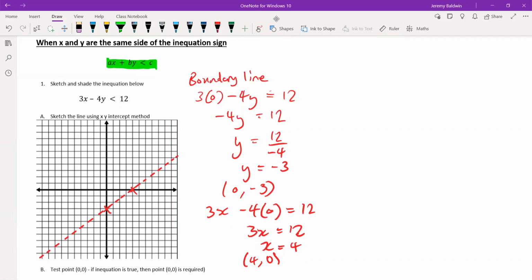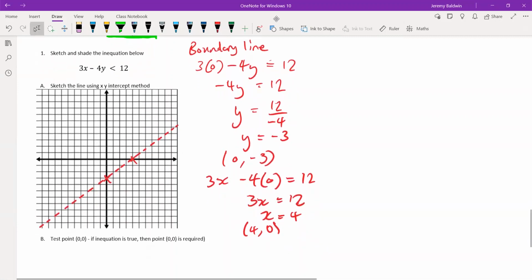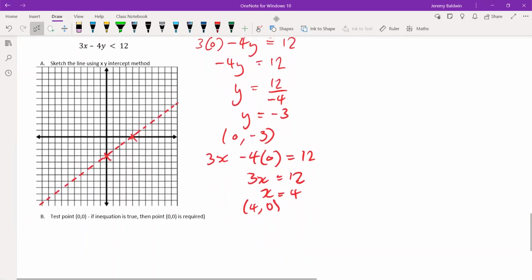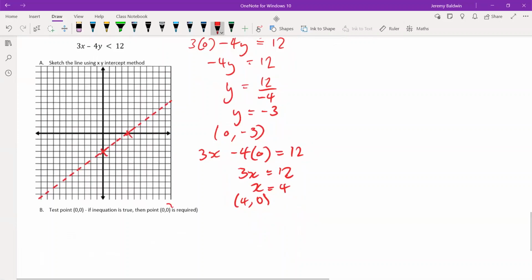Now we've got to shade it. The method for shading is a slightly different one again. The easiest way to think about this one is to test a point. So what you do is you pick a point. The easiest point to test is the 0, 0 point. We're going to test this point and see if the inequation is true. If it is true, then that is part of the shaded region. So let's have a look.